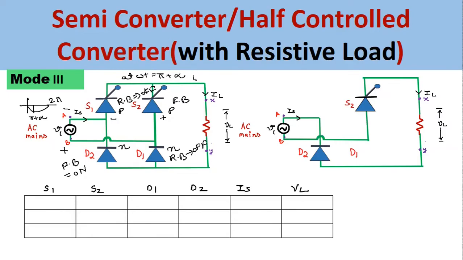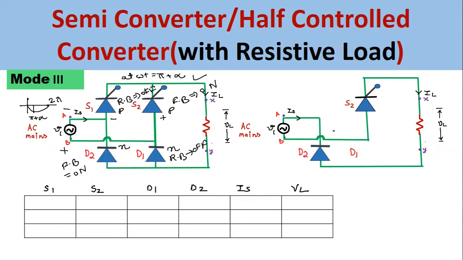Okay, so at omega t is equal to pi plus alpha, when triggering pulse is given to the gate terminal of this SCR2, this SCR2 will go into the on condition at omega t is equal to pi plus alpha. So now in the mode number 3, two devices will be conducting, that is S2 SCR and D2 diode.